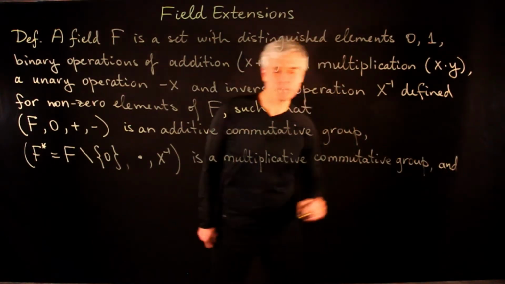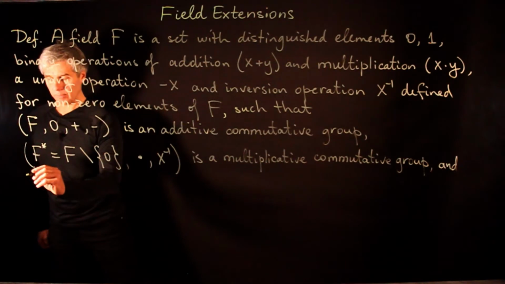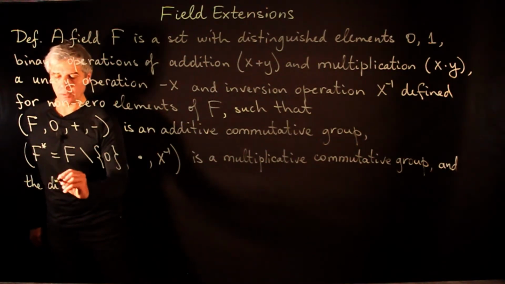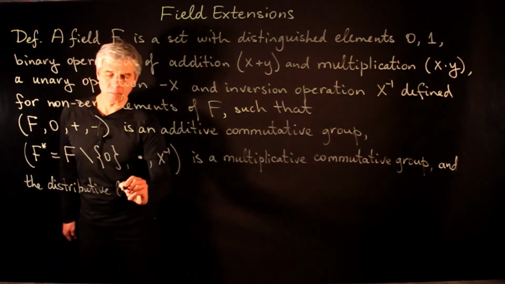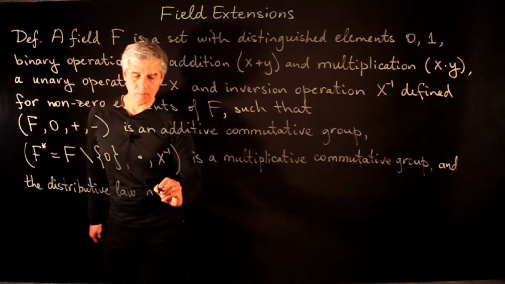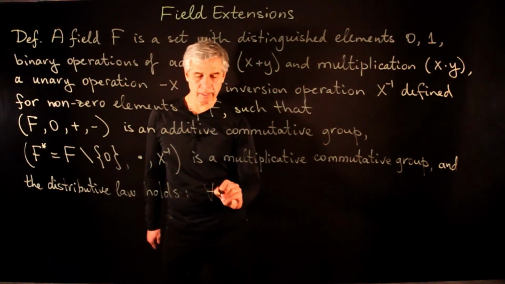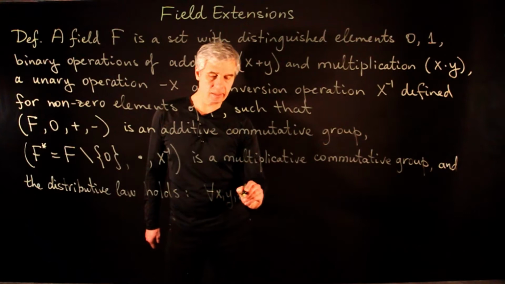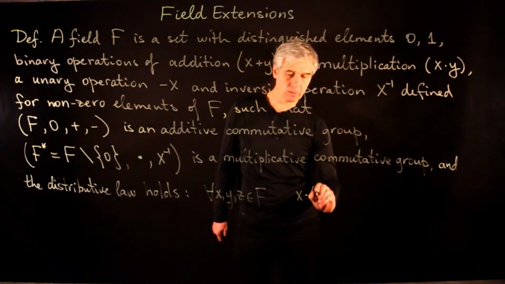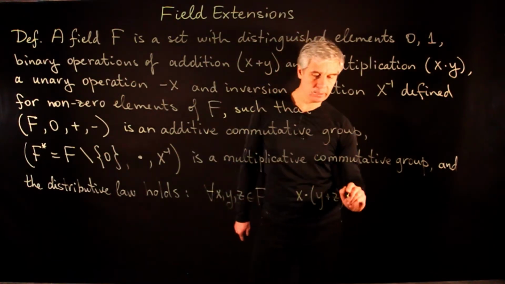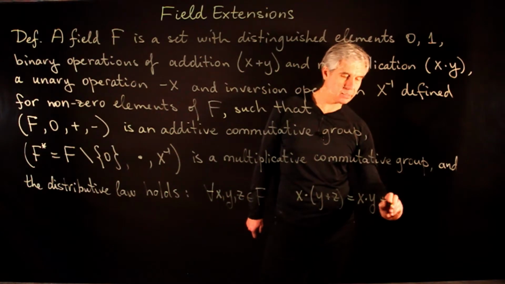And the relation between these two operations is the distributive law. This means that for all x, y, and z in the field, x times (y plus z) is equal to x times y plus x times z.